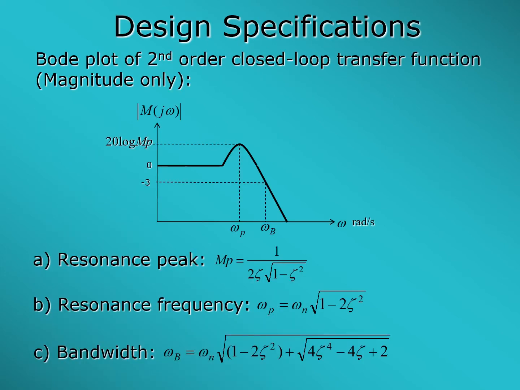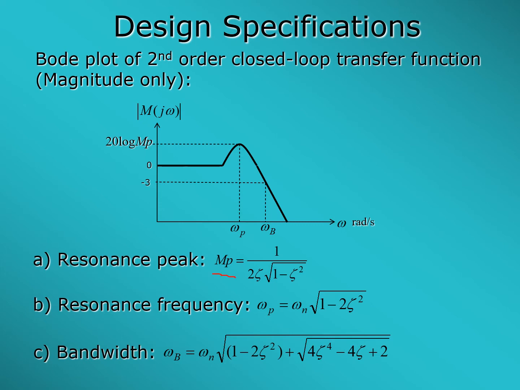Same as the phase lead, before we design the phase lag compensator, we need to know the design specifications. This figure shows the Bode plot of the second order closed loop transfer function, in magnitude only. It is in the frequency domain, and there are four types of design specifications. The first one is the resonant peak Mp.